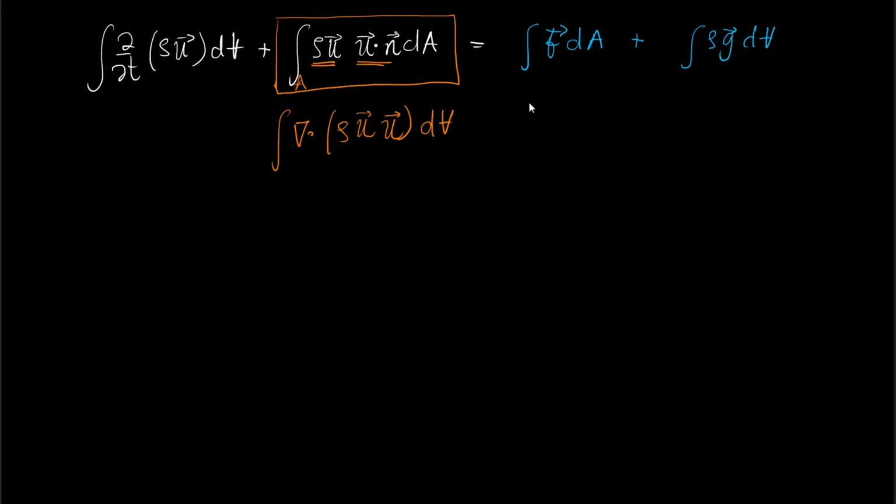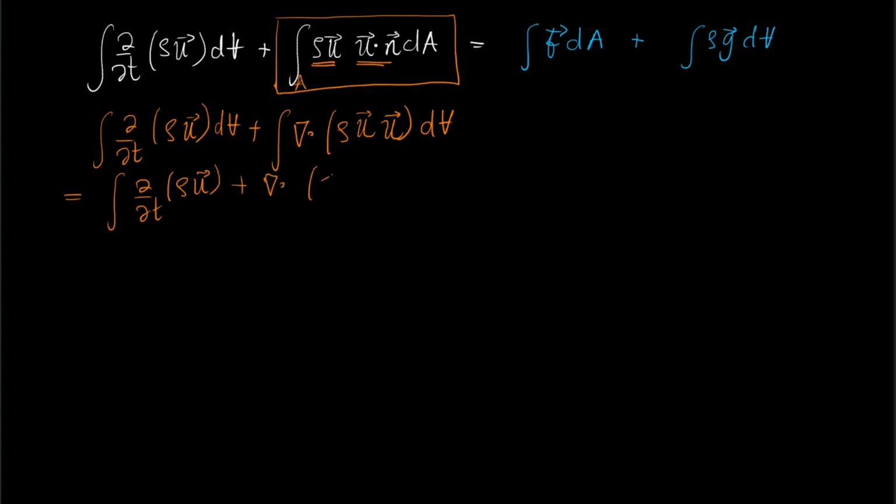So on the left hand side we have ∂/∂t of rho u dV plus this, and so the left hand side boils down to integral of ∂/∂t of rho u plus the divergence of rho u u, this entire entity integrated over the volume.